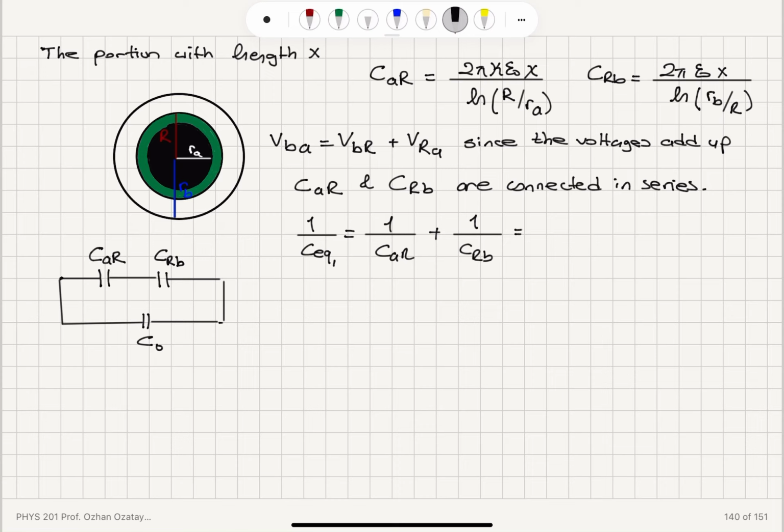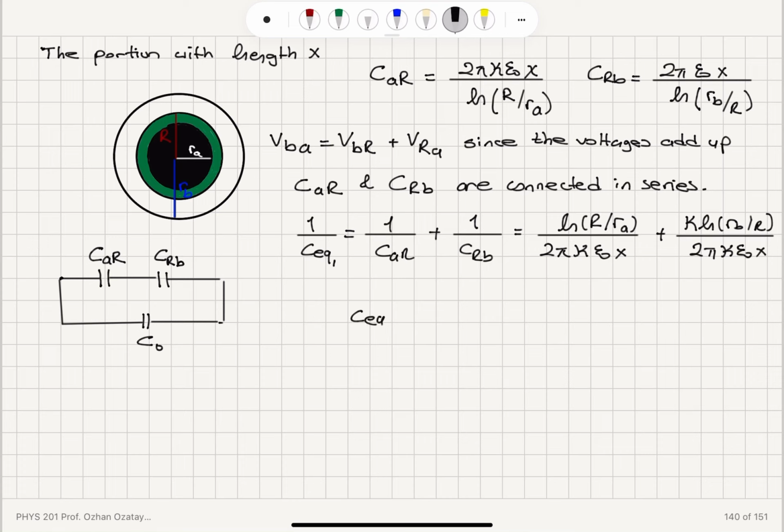So that will be natural logarithm of capital R over R sub A divided by 2 pi kappa epsilon 0 x plus natural logarithm of R sub B over capital R divided by 2 pi epsilon 0 x. But let's make this 2 pi kappa epsilon 0 x by multiplying also the top with kappa.